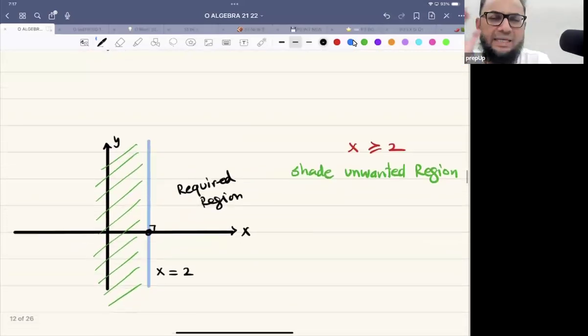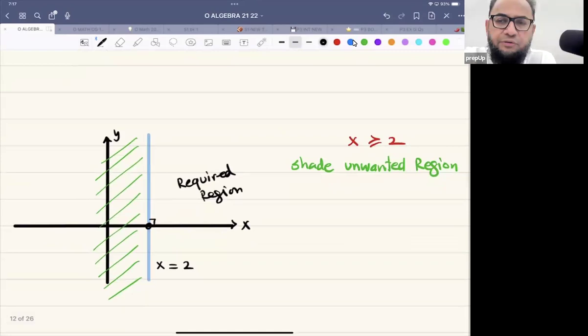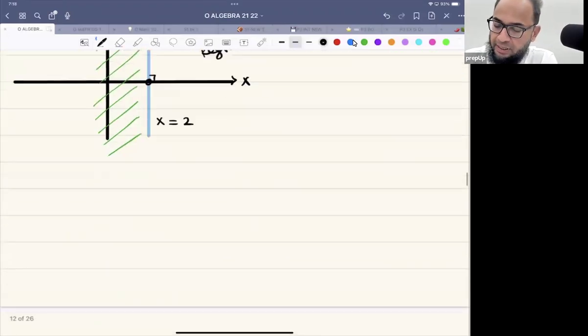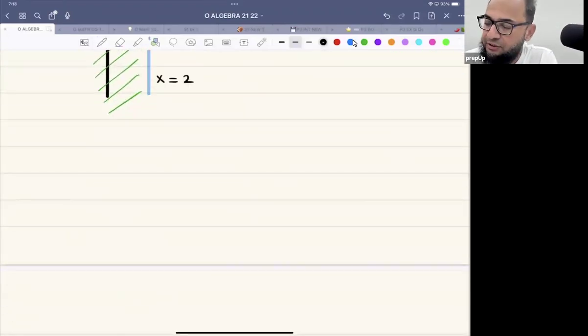So now we can generalize. How can we generalize? We can say that greater is to the right, lesser is to the left, greater is above, lesser is below. So let me just generalize.